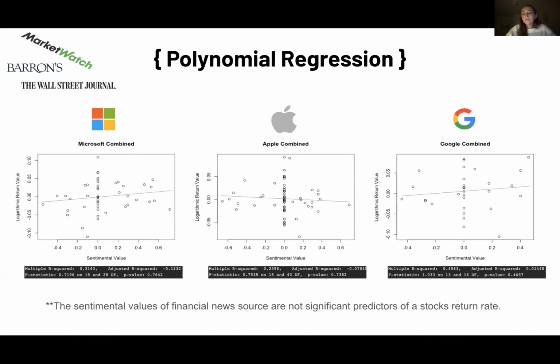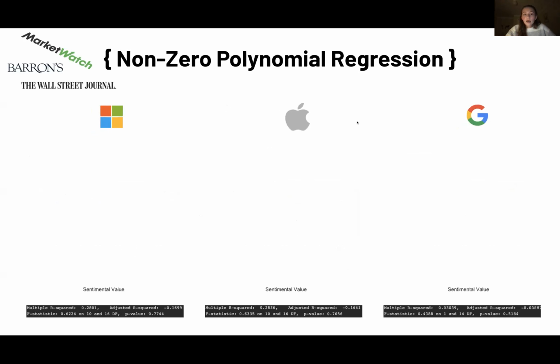But again, a very interesting thing that I saw, a pattern throughout these 3 graphs, was the 0 value, which could be disturbing the data. And so my next step was to consider removing the 0 value, simply because the 0 value implied neutral or objective news reports.